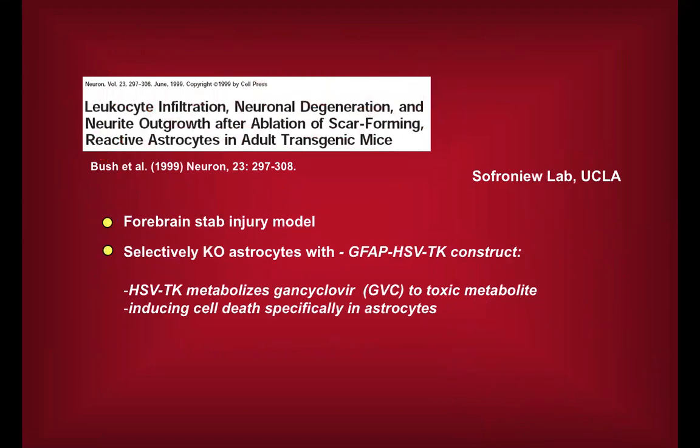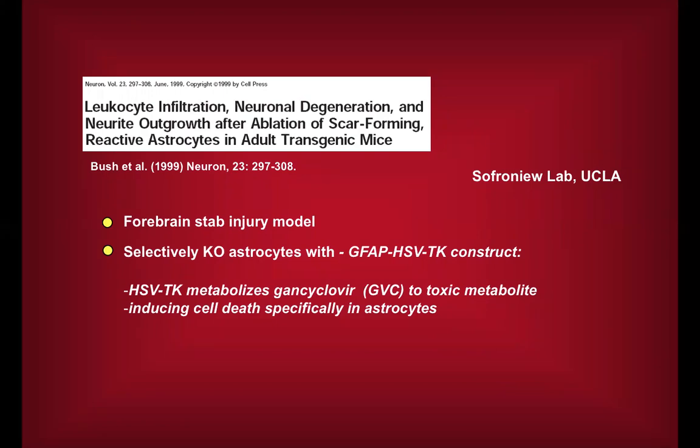This is some papers done by Sofroniew's lab at UCLA. He's come to talk to us at OSU before. Really great astrocyte biologist, and has some really cool tools. Been looking at astrocytes for a long, long time. This is one of his landmark papers from a long time ago now, but he had this cool model of an astrocyte on a death domain.